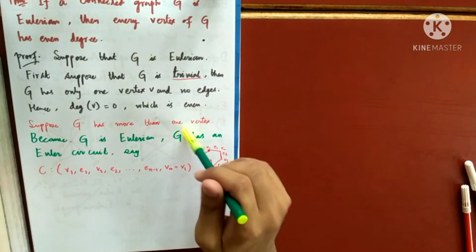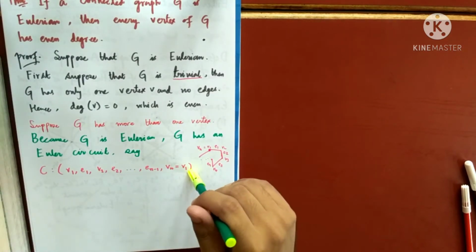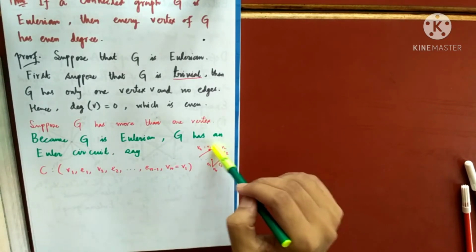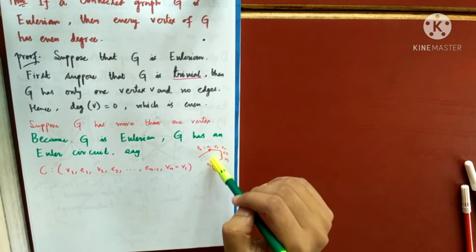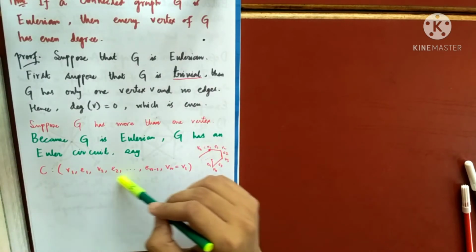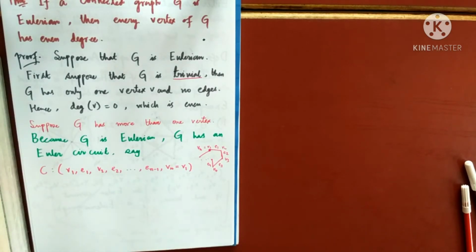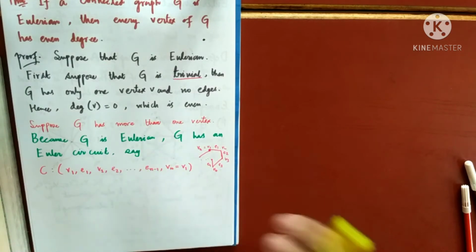All the edges present in G are also present here, and obviously all the vertices will also be present, because if all the edges are present, the end points of these edges, which are vertices, will also be present. That means this C consists of all the edges as well as all the vertices of the graph G. Edges are unique, but the vertices may be repeated.